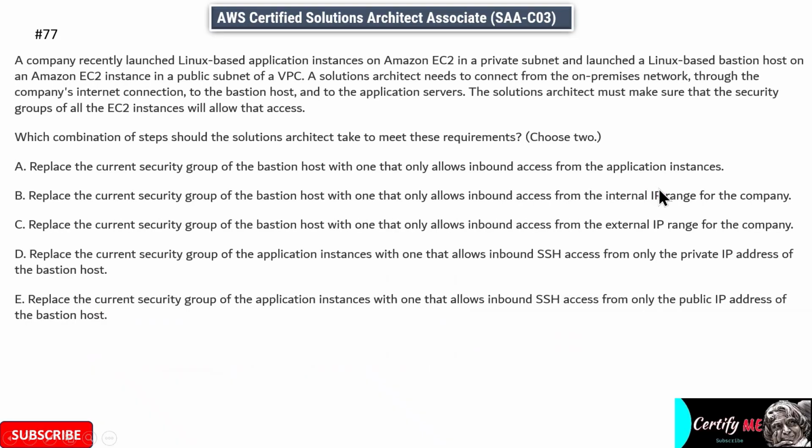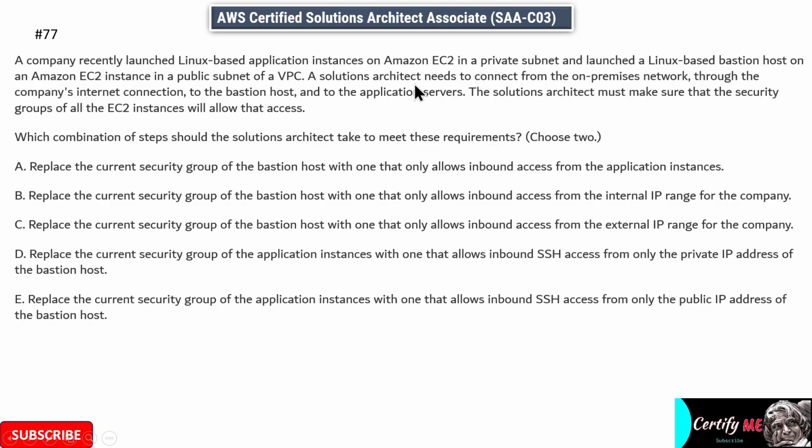Next question. A company recently launched Linux-based application instances on Amazon EC2 in a private subnet and launched a Linux-based bastion host on an Amazon EC2 instance in a public subnet of a VPC.